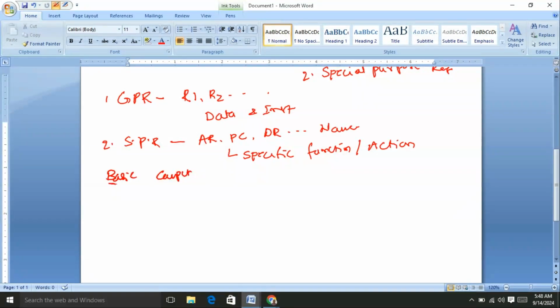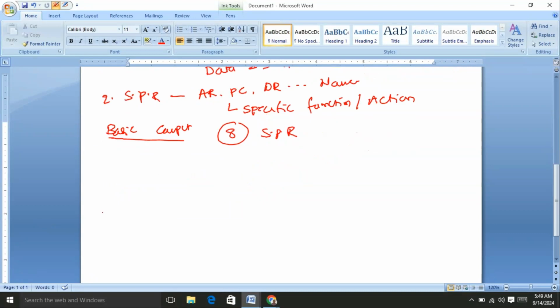This is today our topic. Okay friends, how many and which specific special purpose registers are required for the designing of the basic computer? There are at least 8 special purpose registers required for designing as well as working of the basic computer. I list them here.